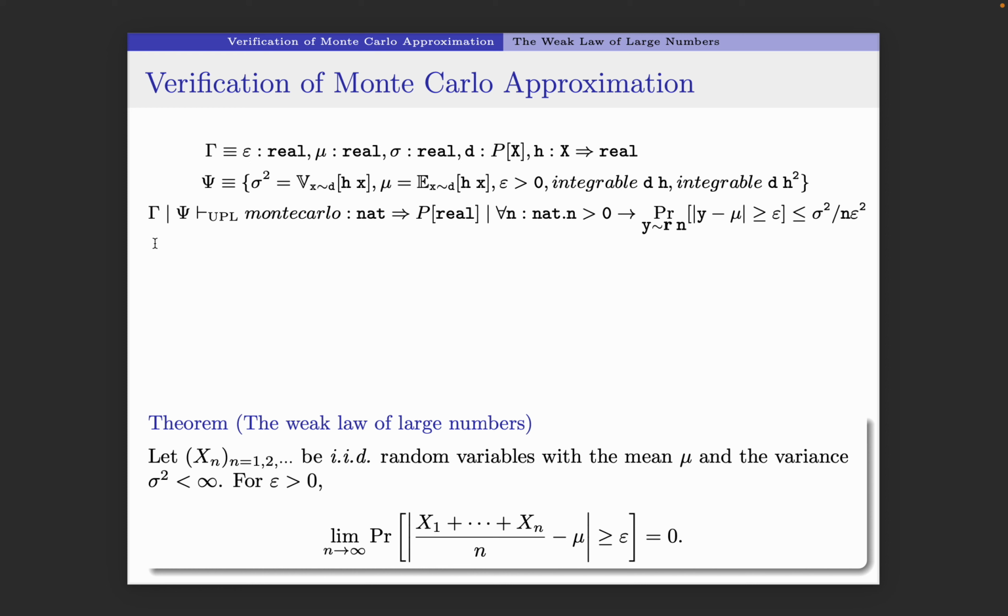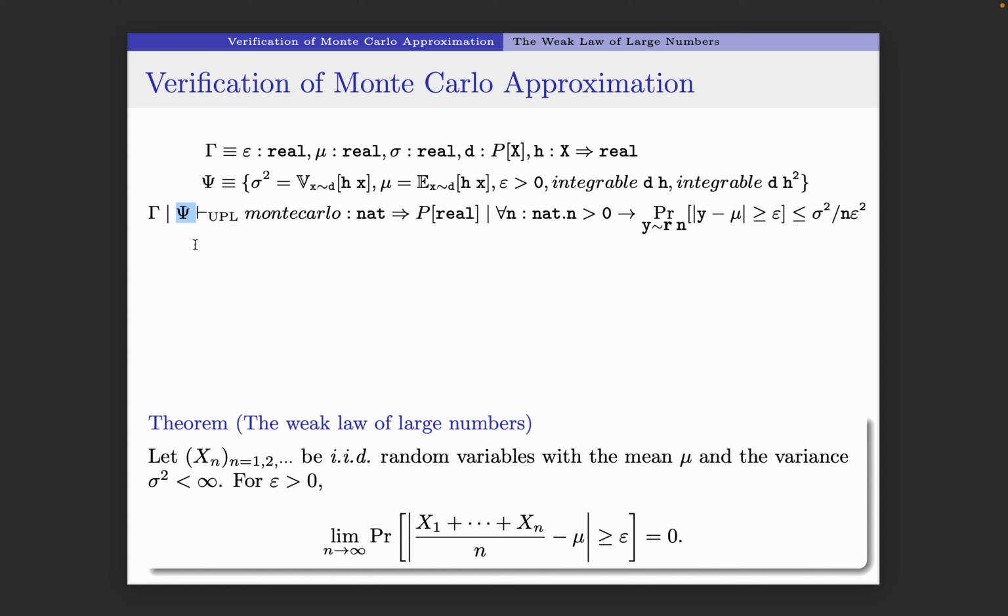Now, epsilon, mu, and sigma are real numbers, and D is a probability distribution on X, and H is a real valued function from X. And C is a set of assumptions.